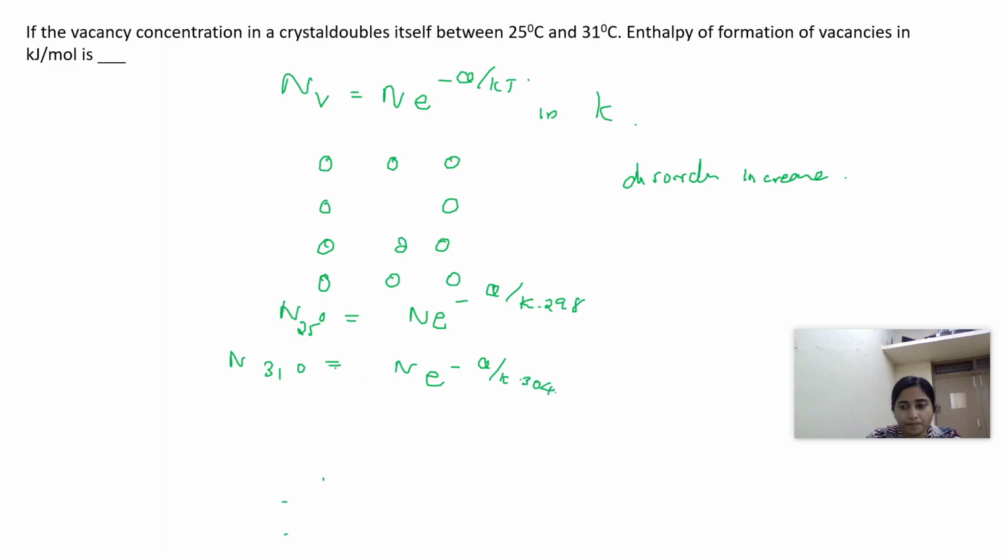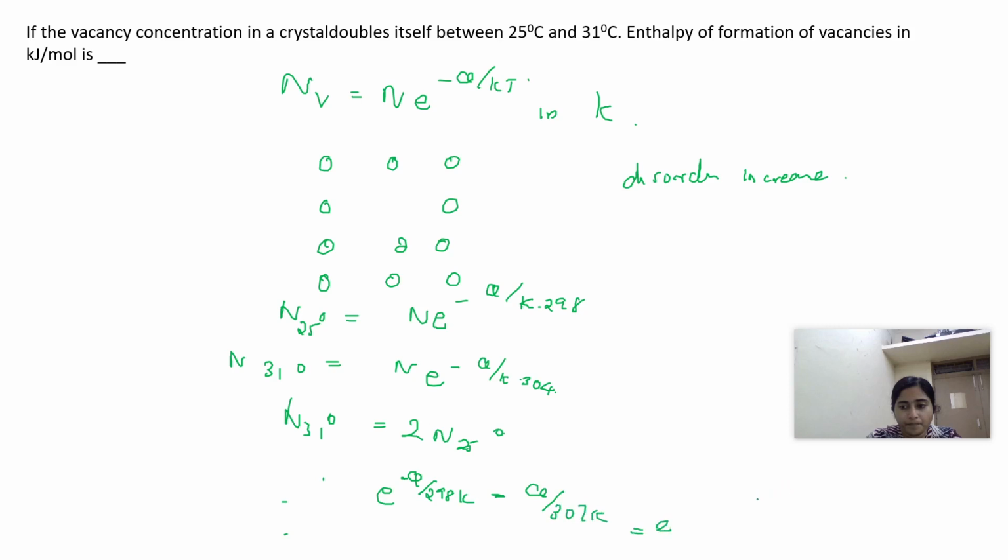Now we know that n at 31 degrees is double n at 25 degrees. So substitute the values and cancel each other. You will get e to the power Q divided by 298k minus Q divided by 304k equal to 2.